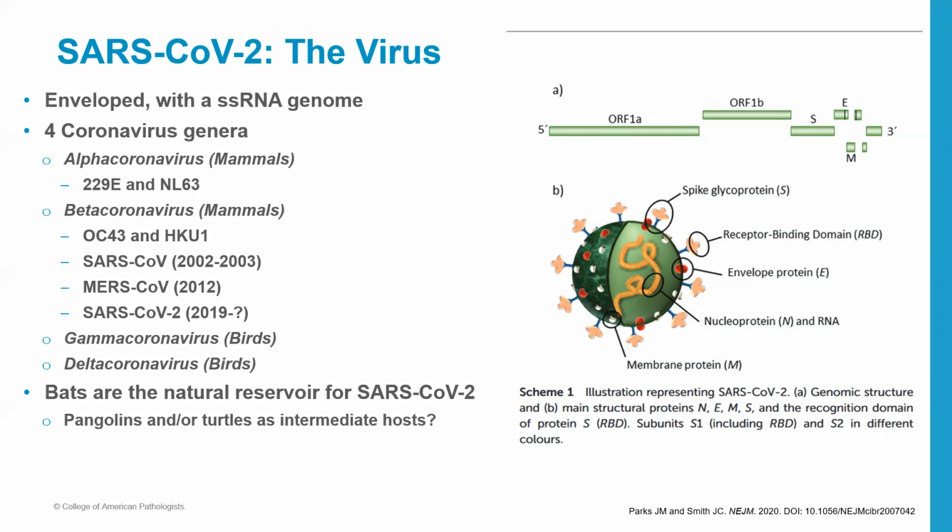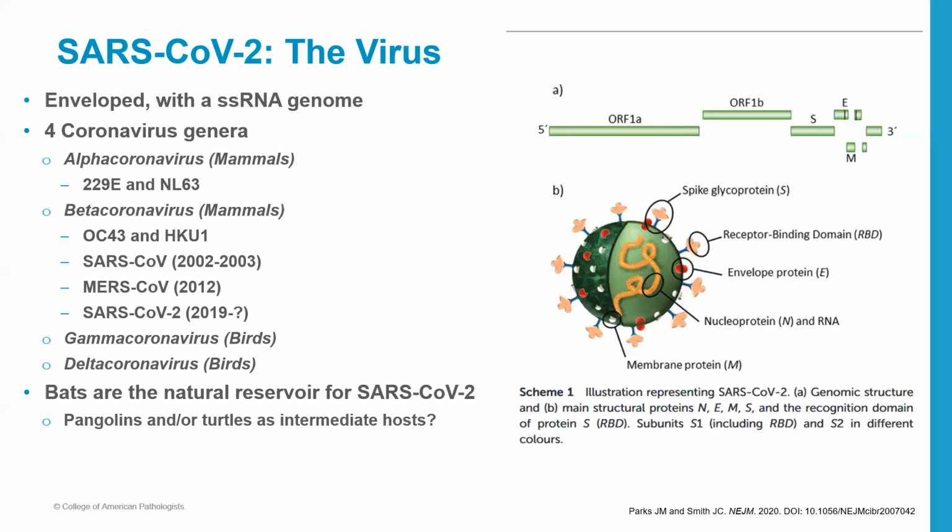If you look at the genome, there is a set number of genes: ORF1a, ORF1b, or open reading frames, then you have the spike gene, the envelope gene, the M gene, and so on.